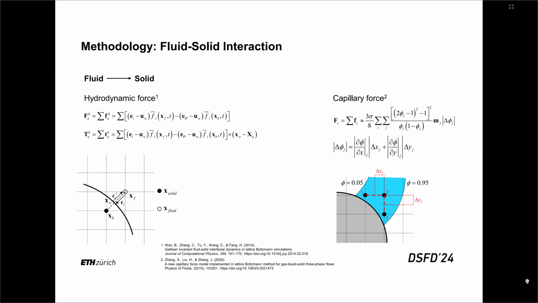This capillary force is calculated by these marked nodes. First, we need to find the nodes which belong to the fluid, whose density is between the gas density and liquid density, and which are near the solid particles. With this distribution of marked nodes and the local density gradient, we can calculate this del phi, and then we can get the capillary force on each particle.